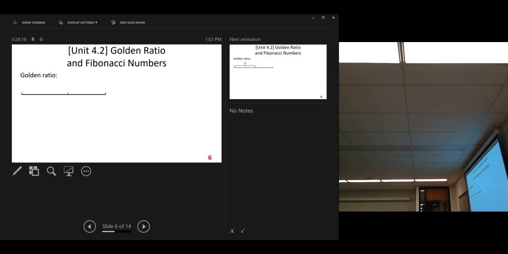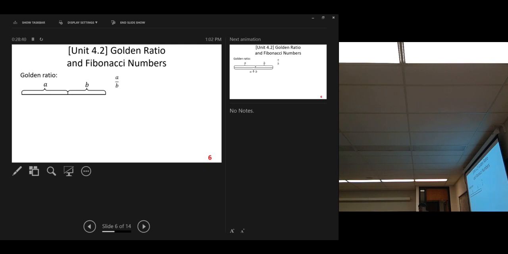Let's consider one point somewhere. We get 2 smaller line segments, A and B, one longer, one shorter. Let's take the ratio, the longer one over the shorter one.